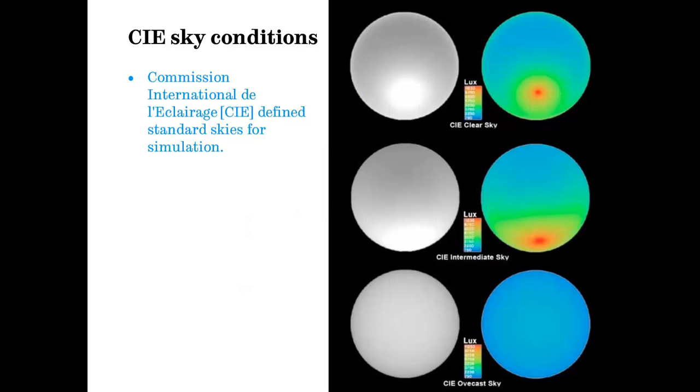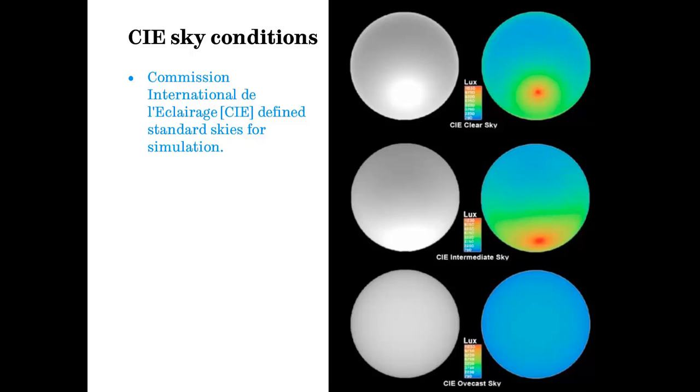That's probably a little bit difficult to see, but we have a colour code for the illuminance level, ranging from about 750 in the dark blue up to about 15,000 for the red. So these are the different sky models, and the intermediate sky assumes a level of cloud cover, and our overcast sky at the bottom is the sky which assumes a blanket of cloud across the sky.